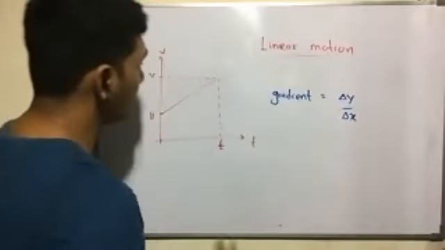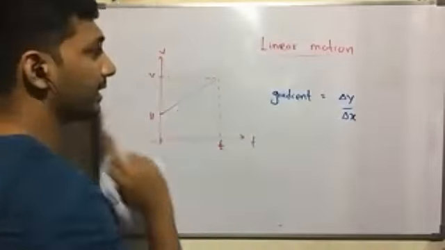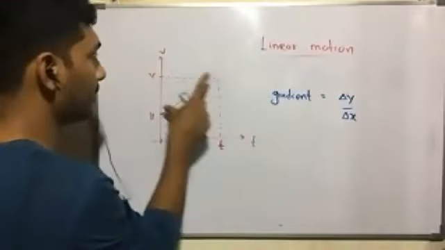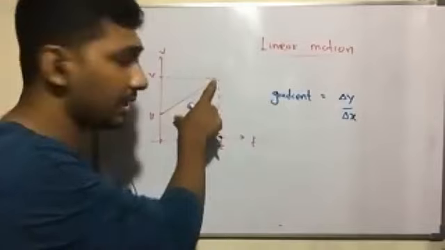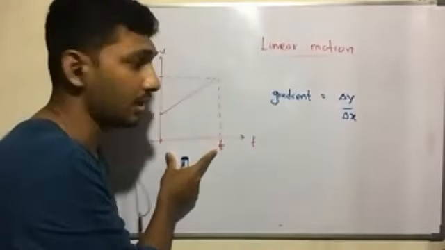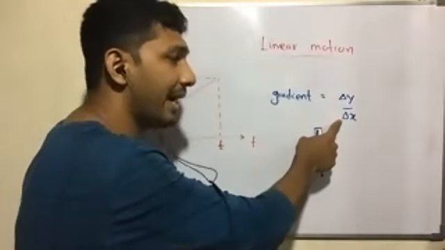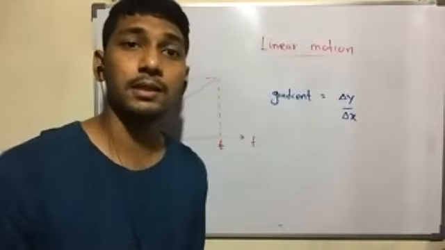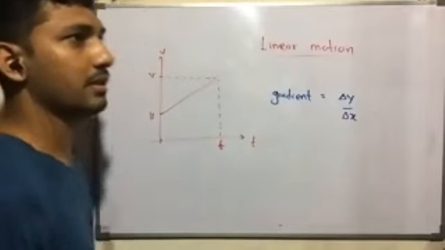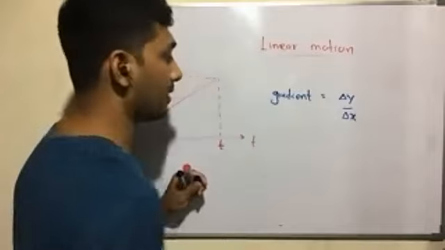And we also know that this gradient is the acceleration, because the y difference gives the change in velocity and the x difference gives the time duration. So y difference divided by x difference gives acceleration. The first equation I'm going to derive is for acceleration.